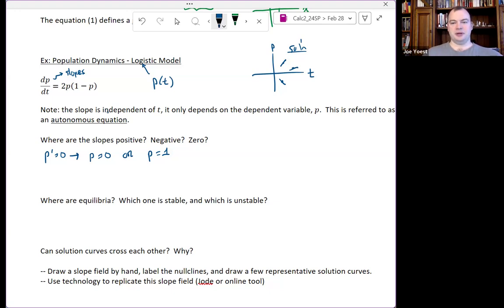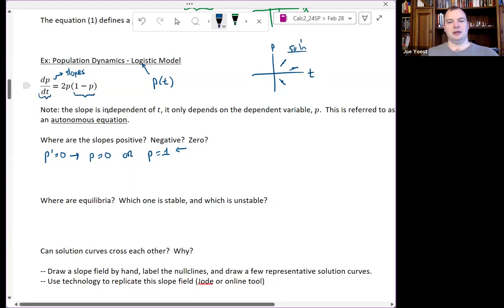We actually pick up a second equilibrium solution, p equals 1. If I consider p of t equals 1, the function where for whatever input, we just give the output 1, that has slope 0. So dp dt would be 0. And plugging in p equals 1 yields a 0 on the right side as well. That would be a solution.